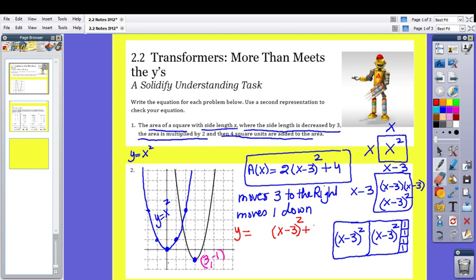Oh, I'm so sorry. Not plus 1. When you go down, then down is take away, so take away 1, and when it goes up then you do plus 1, but because we are going down, take away 1.